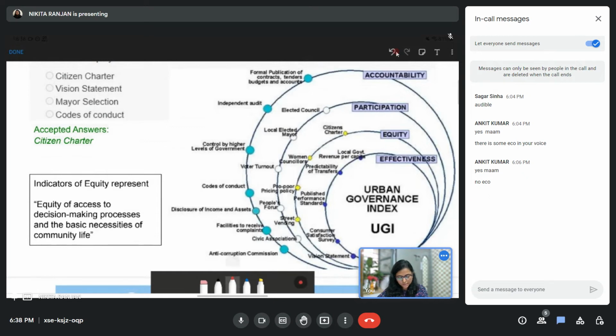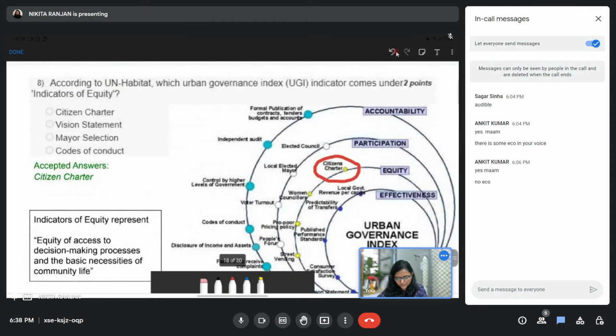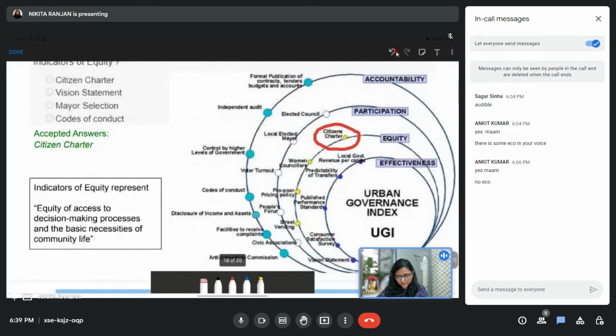Among the different options listed, the option Citizen Charter comes under the subhead equity. The other options, vision statement, mayor selection and codes of conduct, do not come under the head equity.